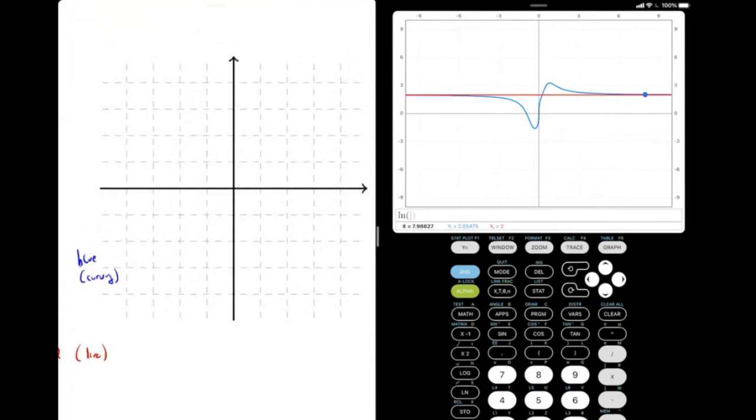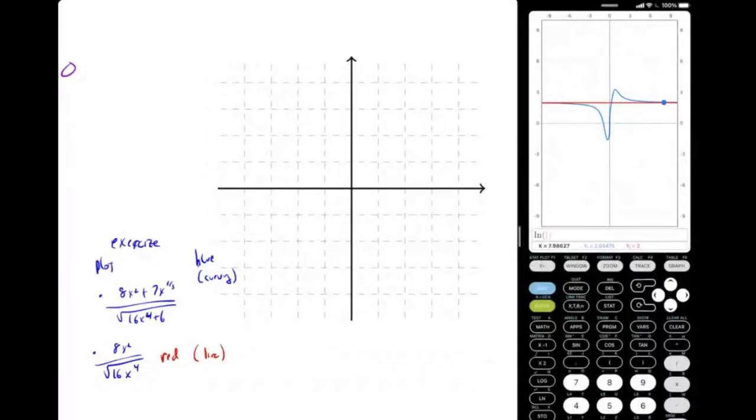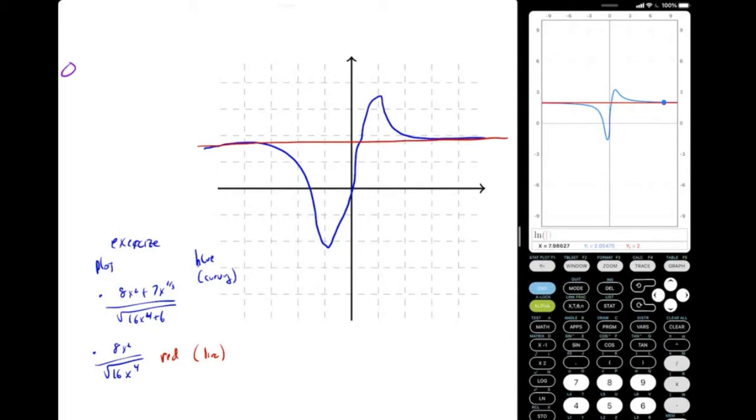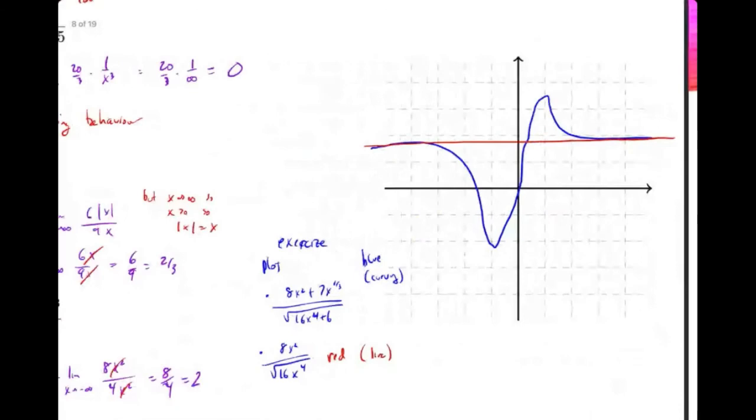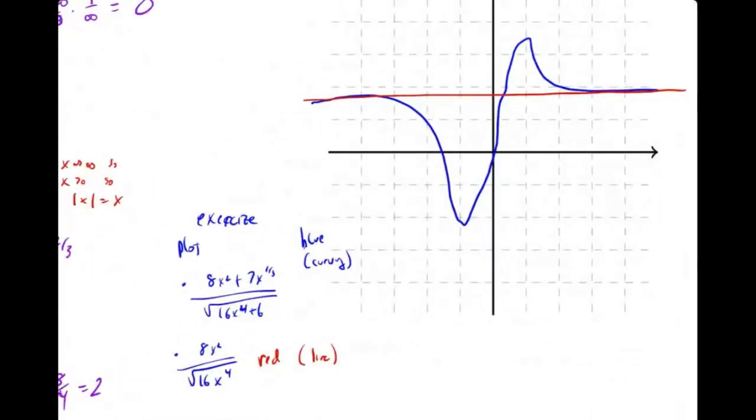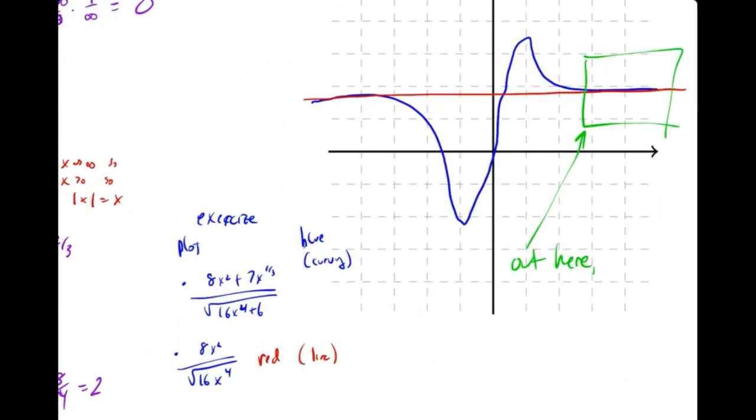I've got my blue curve, looks like it comes up and then it's doing whatever weird stuff it's doing. And then I've got my red curve out here. And the point of doing leading behavior is that out to the right here, the functions are about the same. And so I can treat one as the other.